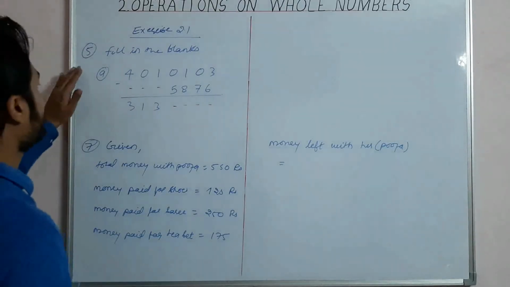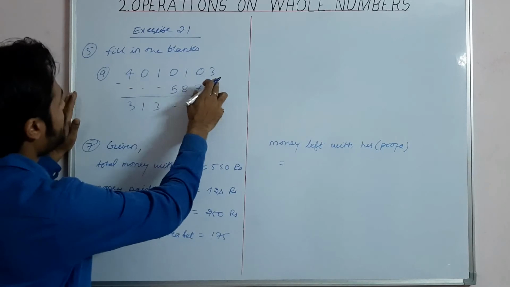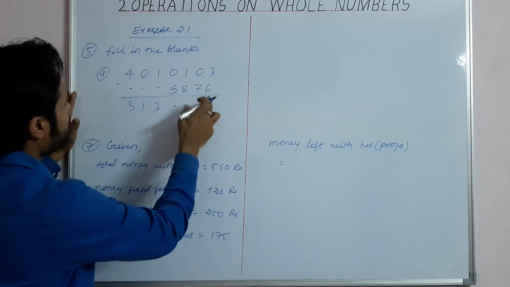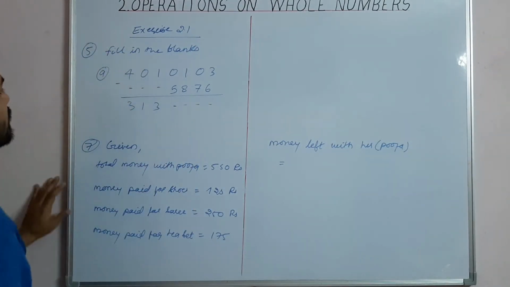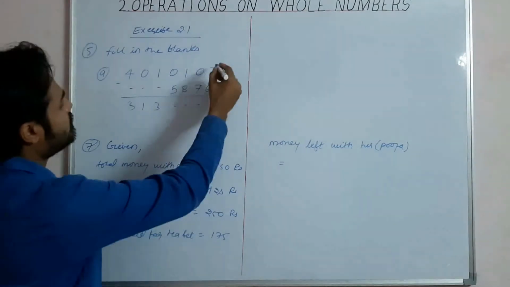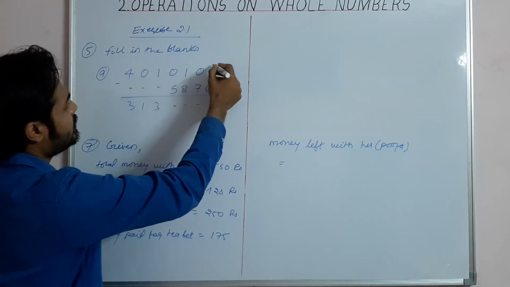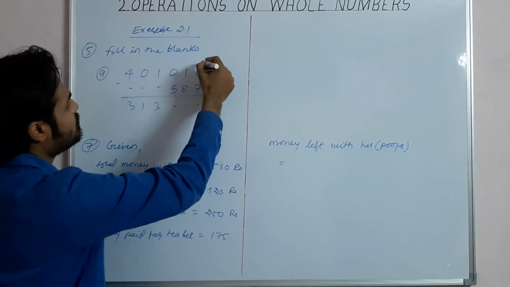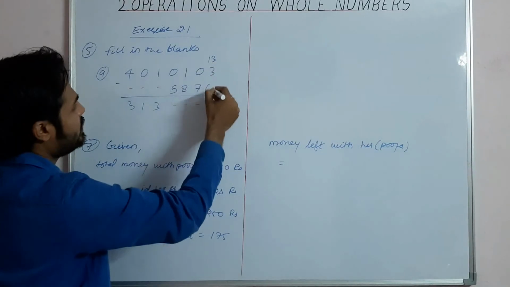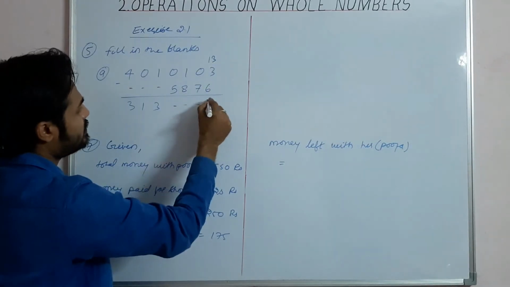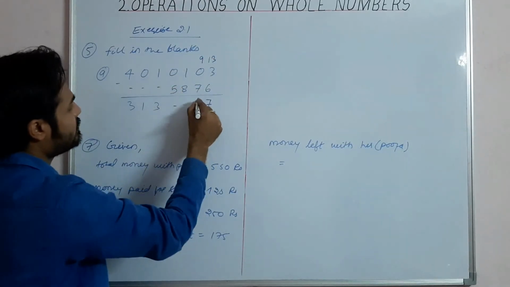Now fifth question, fill in the blanks. The given number is 4010103, 3 missing numbers, 5876, here 313 and 4 missing numbers. We have to find out all the missing numbers here. Now we will start from this end. If we start from 3, then 3 is less than 6, so we have to borrow 1 from the next number, so it becomes 13. 13 minus 6 is 7, and here this 0 becomes 9. 9 minus 7 is 2.